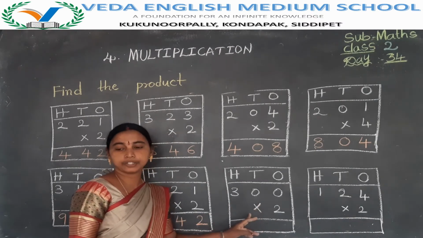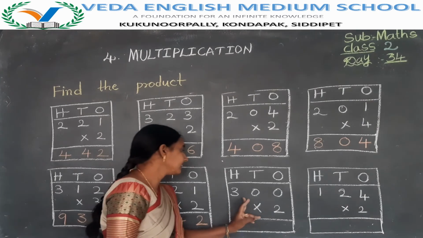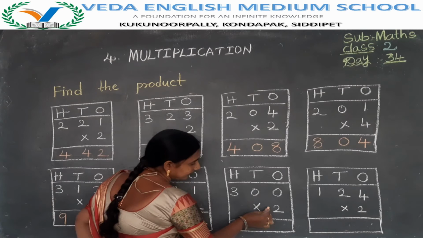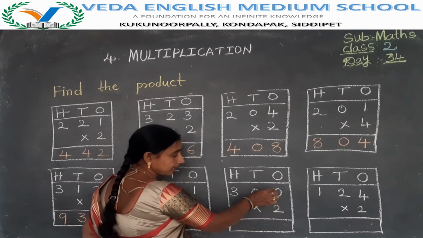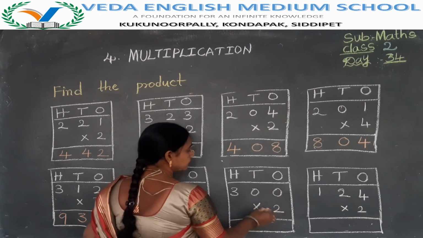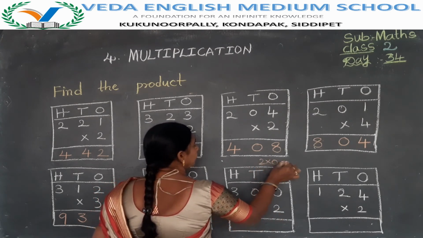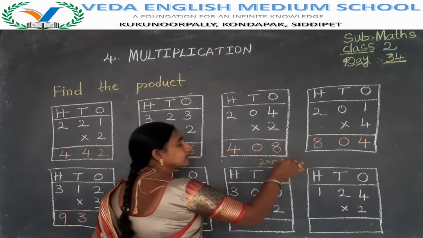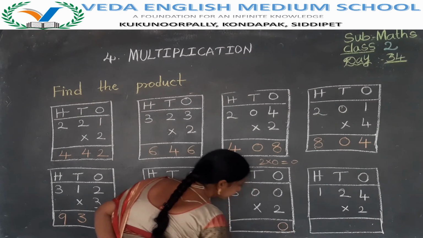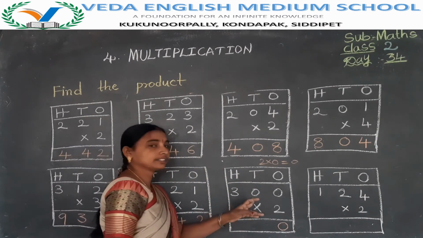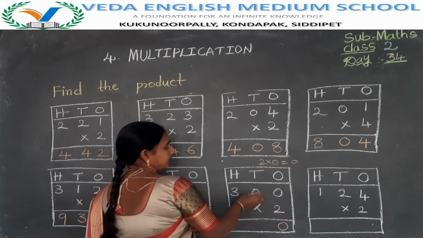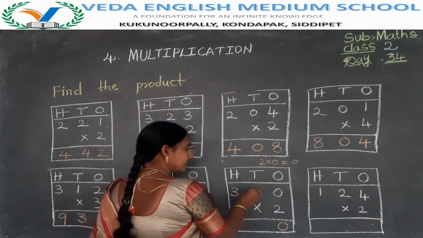Multiply 300 by 2. Multiply digit 2 in the ones place by 0. That means 2 into 0. 2 zeros are 0. So now write here 0. Same in the tens place also 0. Same as this. See Nana. Multiply digit 2 in the tens place by 0.